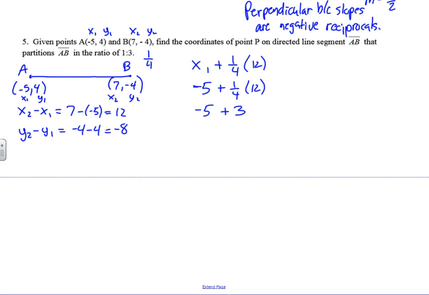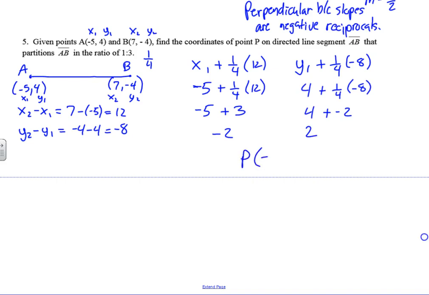So negative 5 plus 3 is negative 2. Then we do the same thing with y1. y1 plus 1/4 of the change in y, which was negative 8. So y1 is 4 plus 1/4 of negative 8. 1/4 of negative 8 is negative 2, so 4 plus negative 2 is 2. So point P would be the point negative 2, 2.